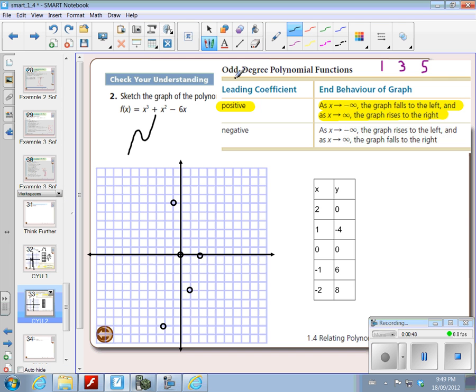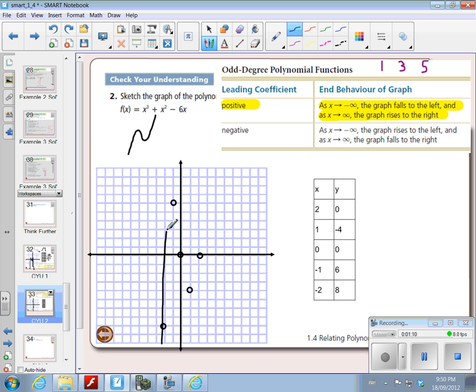Okay, and that chart that we looked at earlier that I have on the screen here of the odd degree polynomial function supports that. I've highlighted the positive coefficient, which it does have, 1x cubed, and the behavior of that graph. Now that I've plotted those points, they seem to suggest the exact graph that I was suspecting.